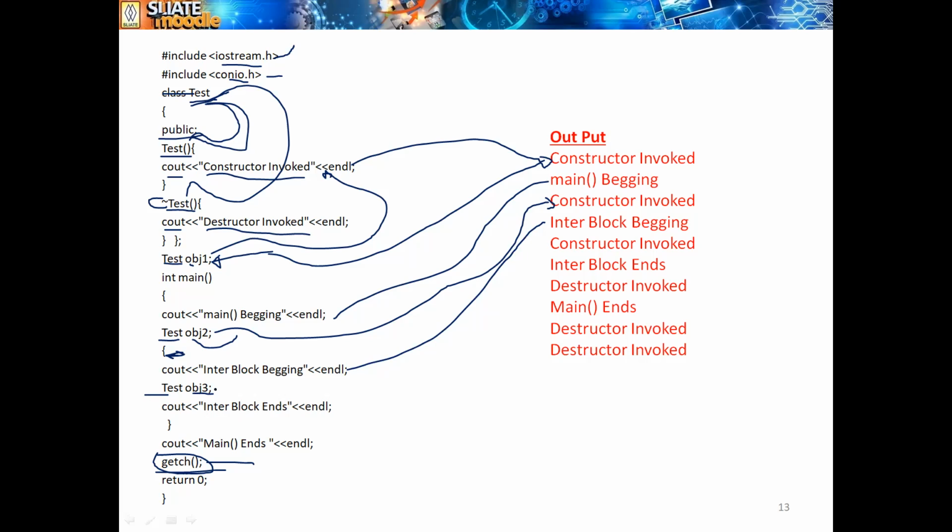When the object is created, the constructor is invoked again. After that, inner block end, and this output also comes.